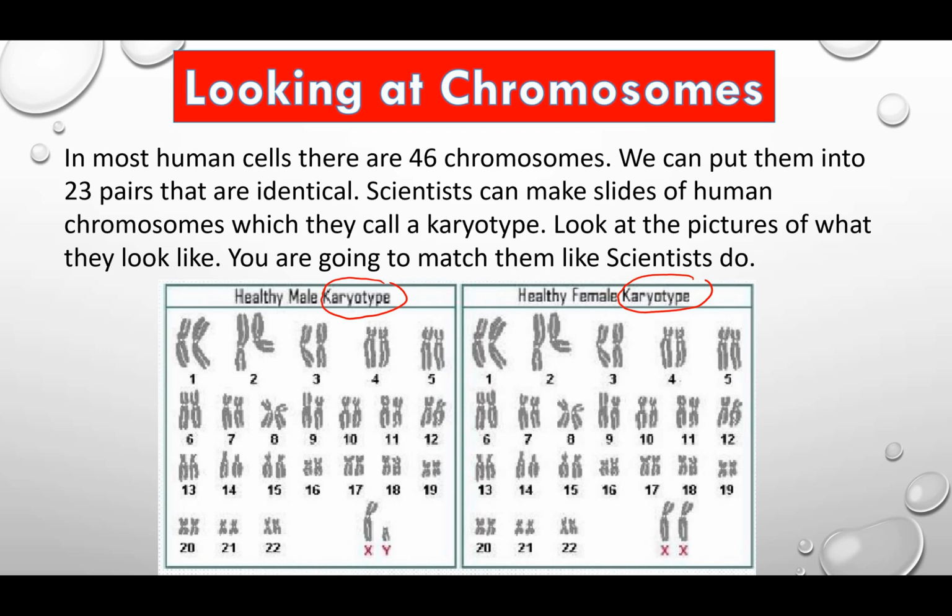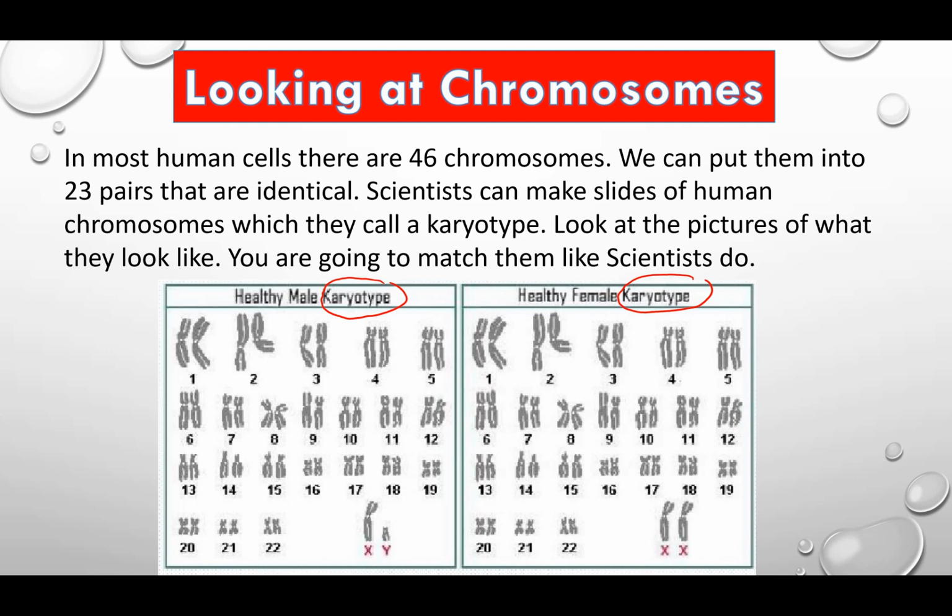So what they can do is they take a needle guided by ultrasound and they pass it under local anaesthetic through the lady's belly very carefully, because we don't want to skewer the baby that's inside the uterus. And they take out some of the fluid that the baby is floating in. And this fluid contains some of the baby's cells, because babies are constantly shedding some of their skin cells whilst they're in the womb, just like we do.